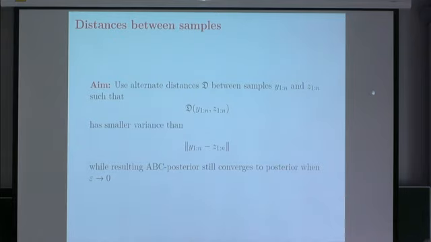And so the alternative is not to project at all, but to look at a distance between the original data set and the simulated data set that would be better than the natural Euclidean distance that people used at the beginnings of ABC. Because in that sense, having a true distance between the data set and the simulated data set would ideally provide exact inference, in the sense that pushing epsilon to 0 would recover the true posterior.